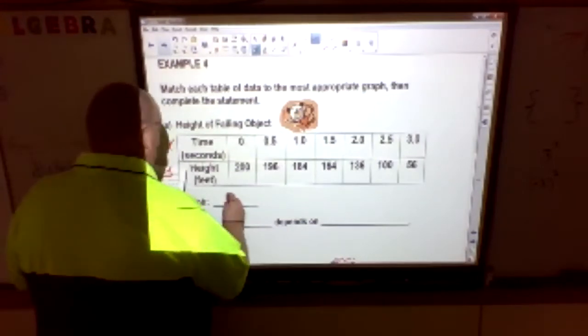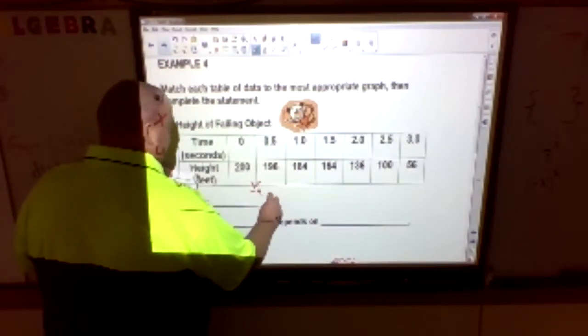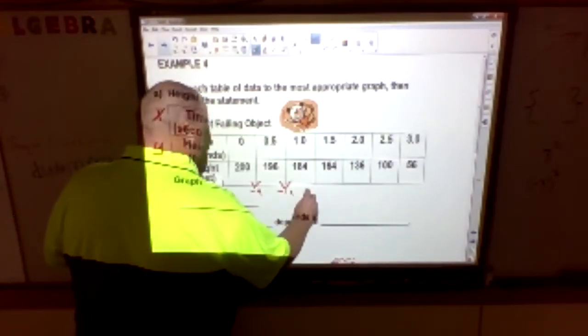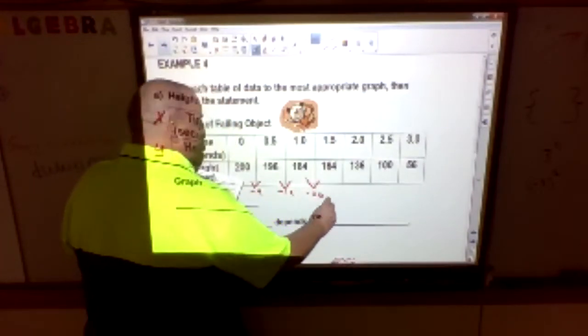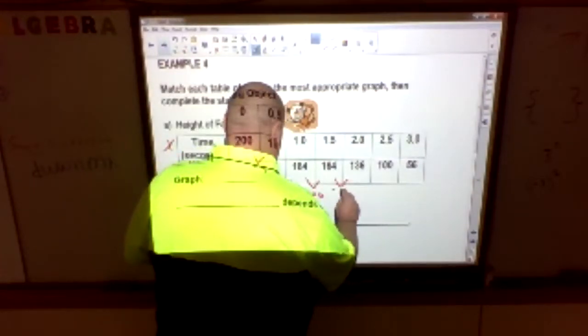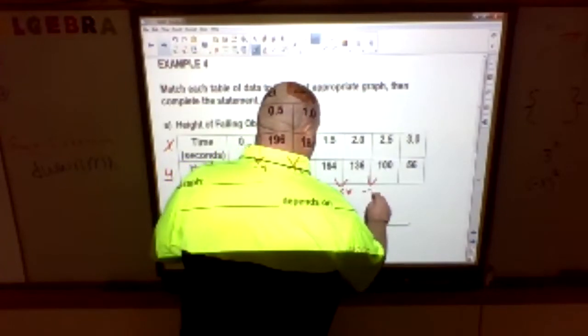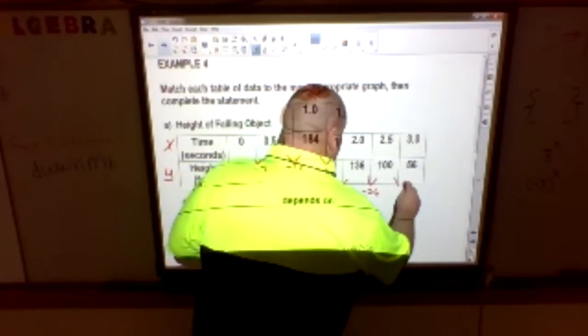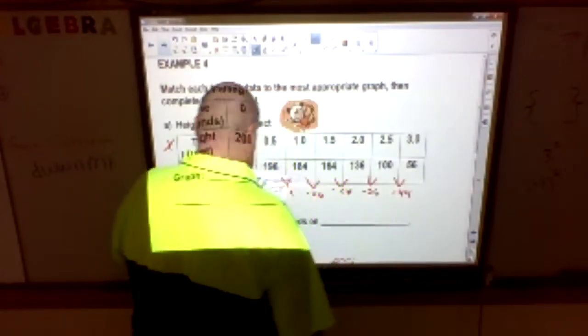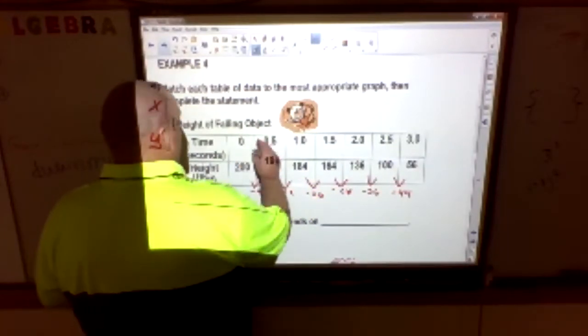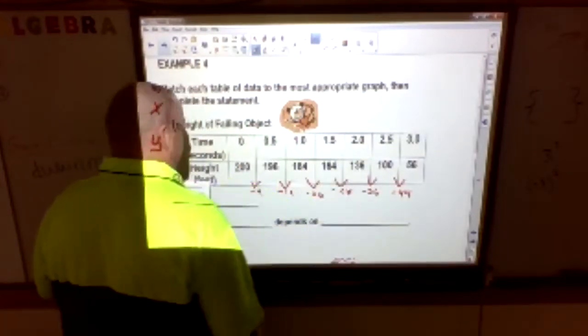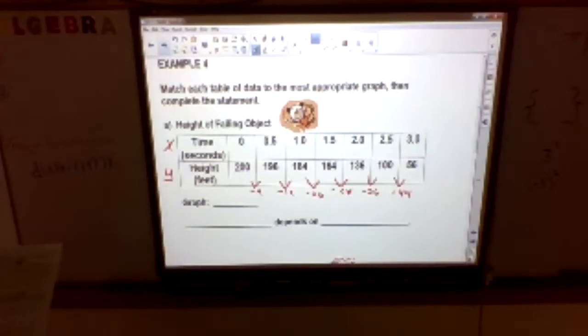Here we're decreasing by 4, decreasing by 12, decreasing by 20, decreasing by 28, decreasing by 36, decreasing by 44. And here we're going up by a half each time.